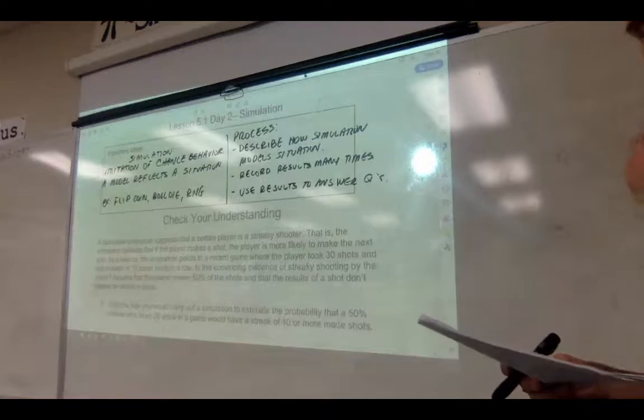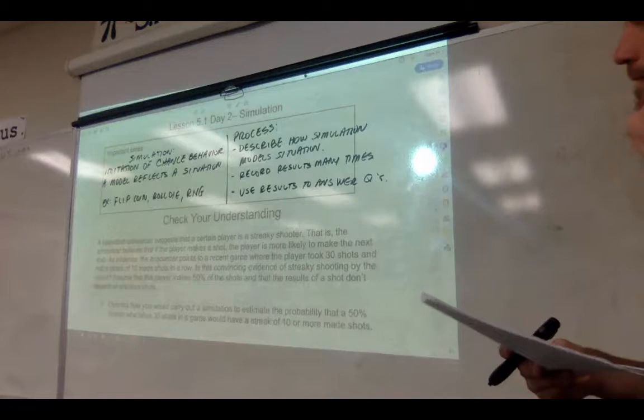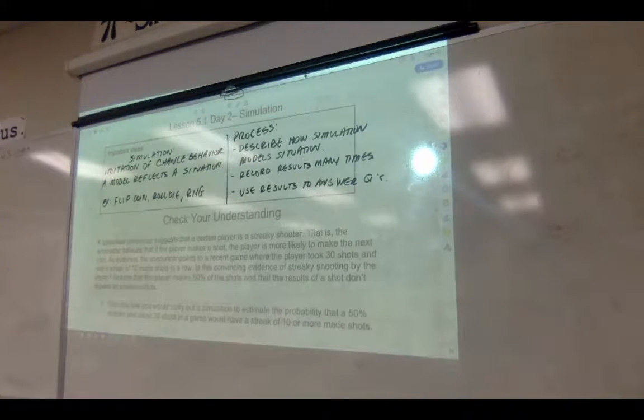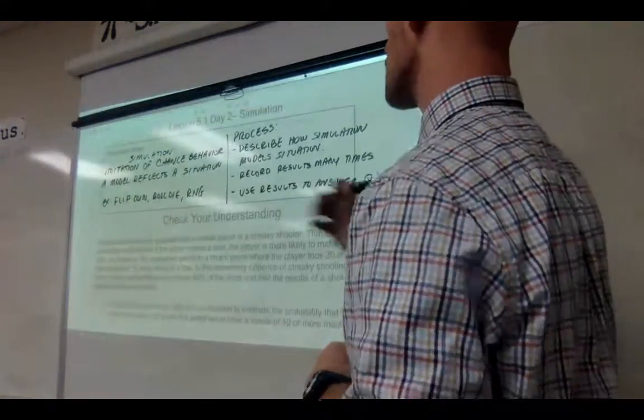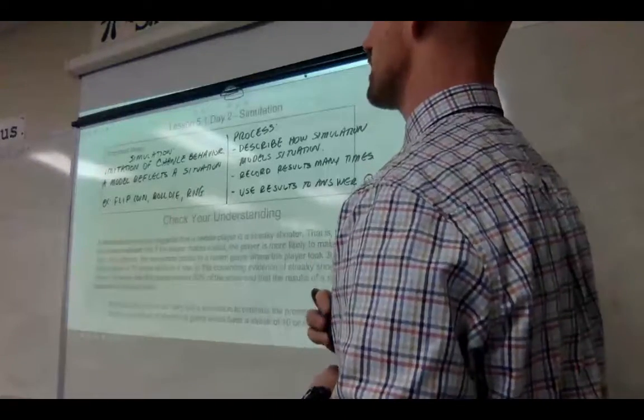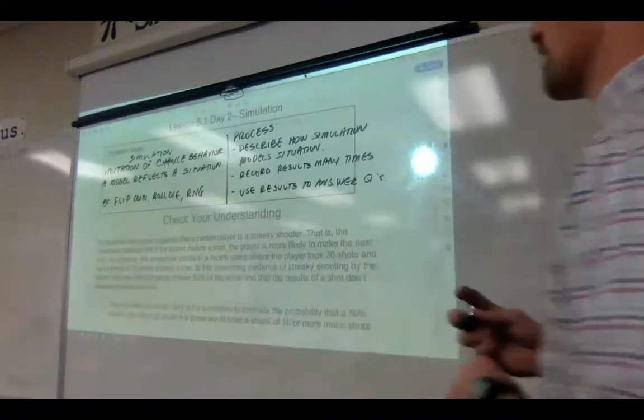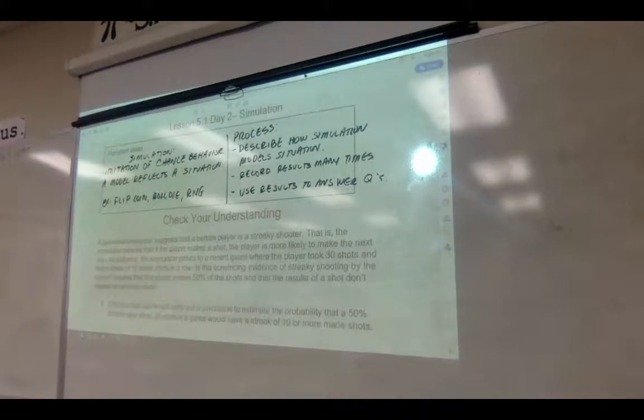Let's talk about this, check your understanding. A basketball announcer suggests that a certain player is a streaky shooter. That is, the announcer believes that if the player makes a shot, the player is more likely to make the next shot. As evidence, the announcer points to a recent game where the player took 30 shots and had a streak of 10 shots in a row. Is this convincing evidence of streaky shooting by the player?